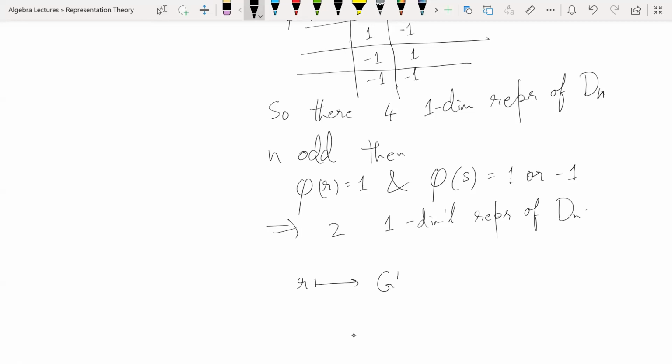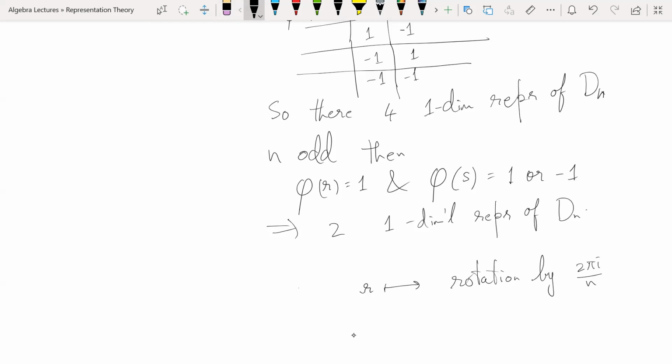GL to C, or maybe since I'm thinking about rotation, first GL to R. R has to go to a rotation, so R will go to a matrix of the form cosine... so maybe I'll just write it like this: rotation by 2 pi i over n, or some multiple of this as well.